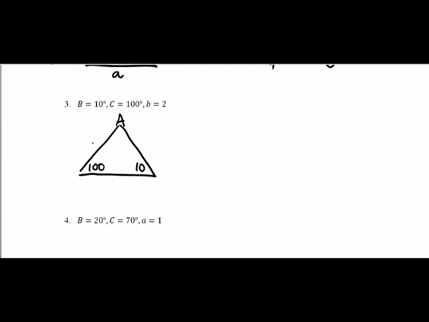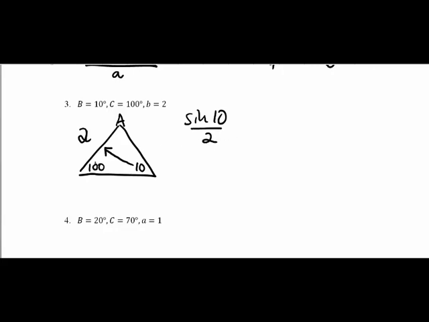It goes to the upper left, because if this is angle B here in the corner, across from it would be side B, which in this case is 2. So this is going to set up our key: sine of 10 divided by 2.